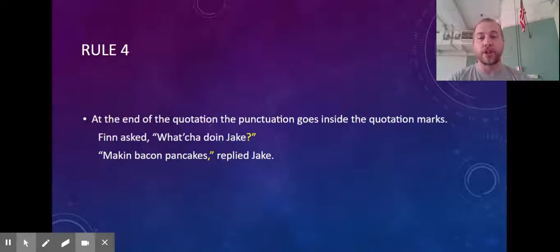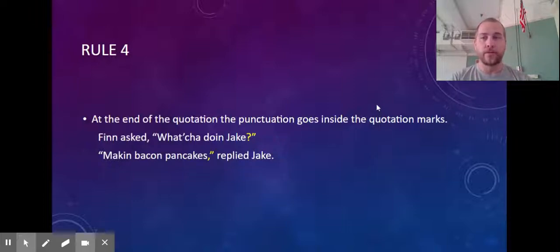So the question mark should go inside the quotation marks, not outside of it. Once again, it's the same thing here. Making bacon pancakes, comma goes inside the quotation marks, not outside of it. And so at the end of your quotation, make sure the punctuation you use goes inside the quotation marks.